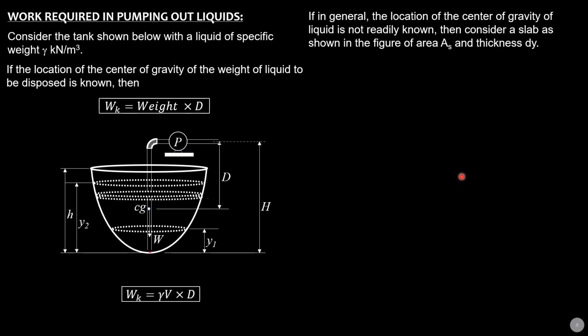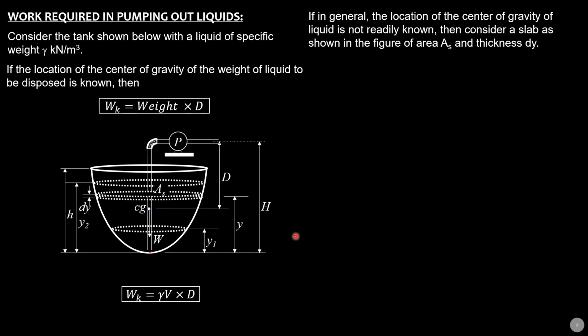So let us say this is the slab and the area is area S, constant for that very small change in the height dy, and that's area S. The distance from the bottom of the tank to that level in general is y. So the distance of the centroid of that differential weight or differential volume to the point of disposal is equal to big H minus y.